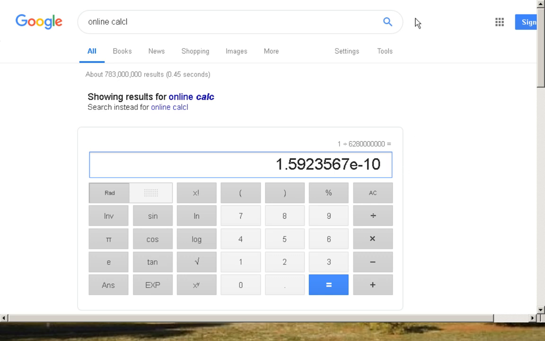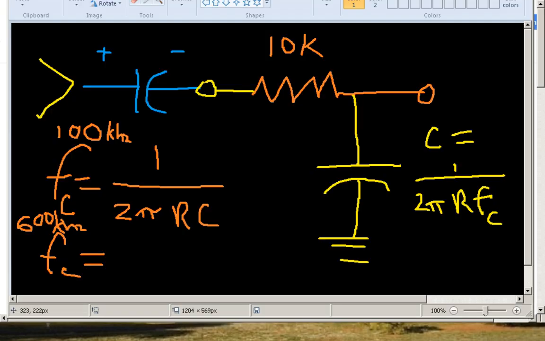I think we can do that. So for 100 kilohertz, C equals 16 nanofarads.